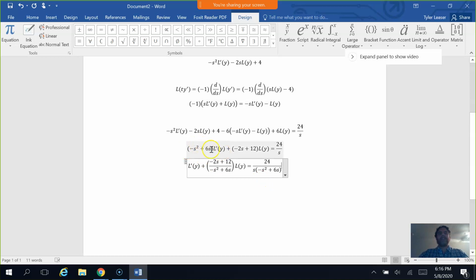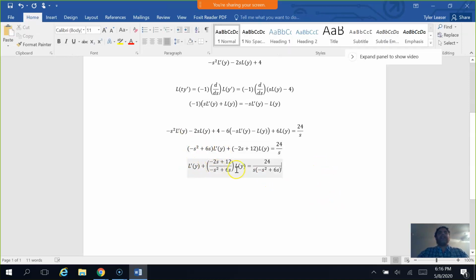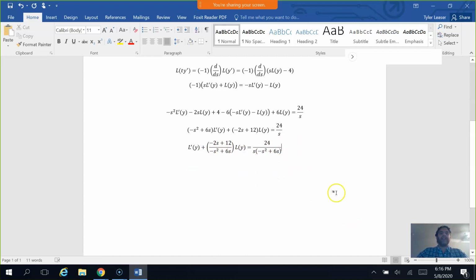So just dividing everything by that negative s squared plus 6s. Now it's in that linear form. Now we have to find the, what was it called? The integrating factor. Multiply it on both sides and then yada, yada, yada.